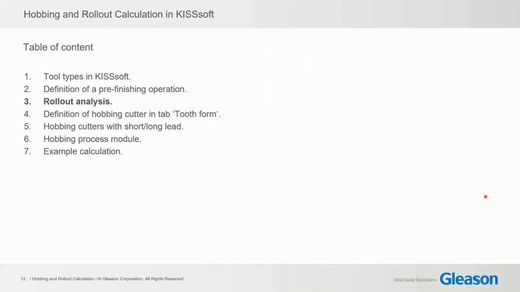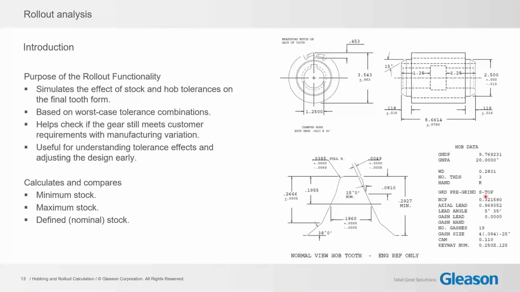Now to the rollout analysis. We have defined our pre-finishing geometry. We know the minimum grinding stock. With this, our finished gear geometry is defined, and we can then do additional rollout analysis. So what's the purpose of rollout analysis?